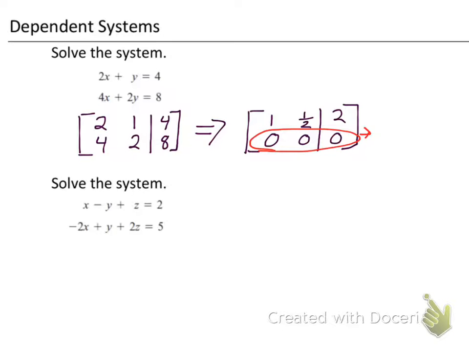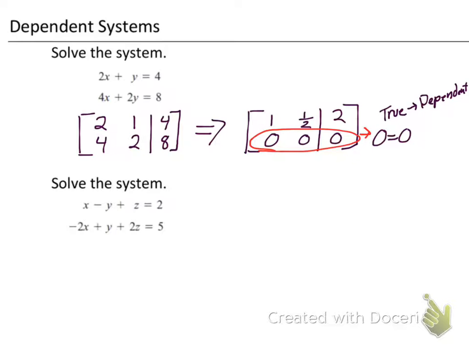What this says is 0 equals 0. 0 equals 0 is a true statement. This is true. So then it is dependent. It is consistent and it's dependent.